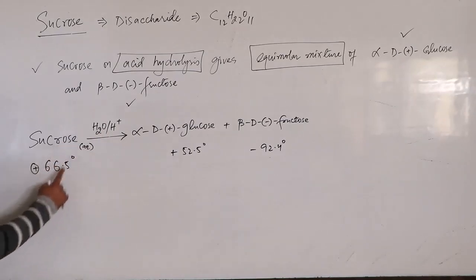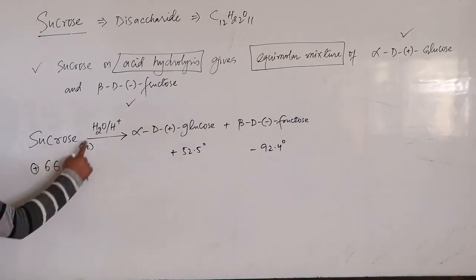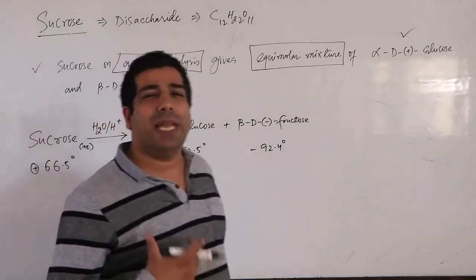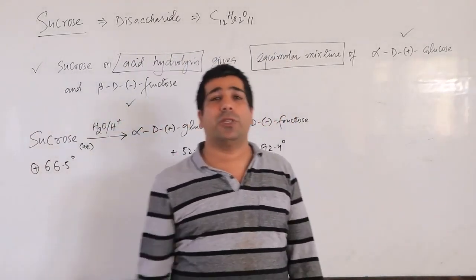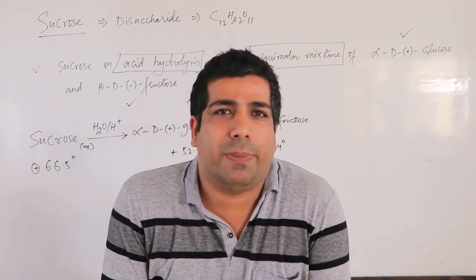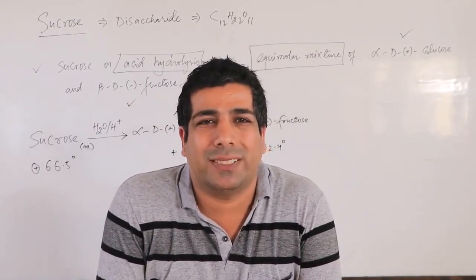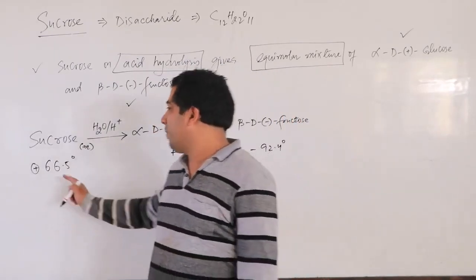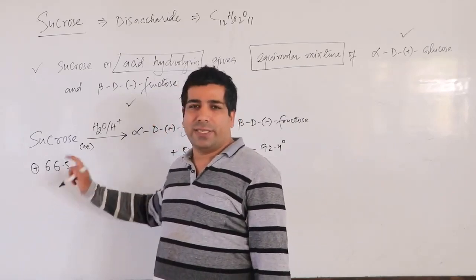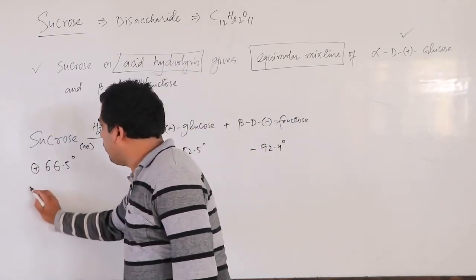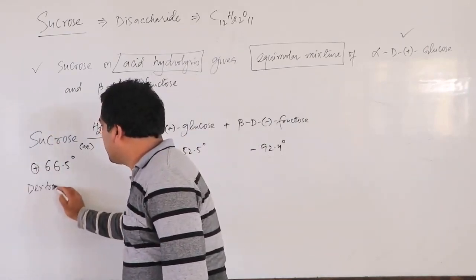So when you dissolve sucrose in water and pass plane polarized light through the solution, you will find that it rotates the plane polarized light in the clockwise direction. By how many degrees? The twist will be around 66.5 degrees. So the solution of sucrose will be dextrorotatory.